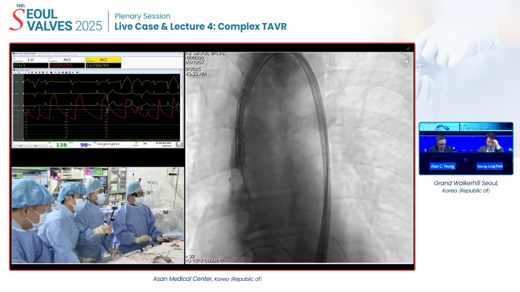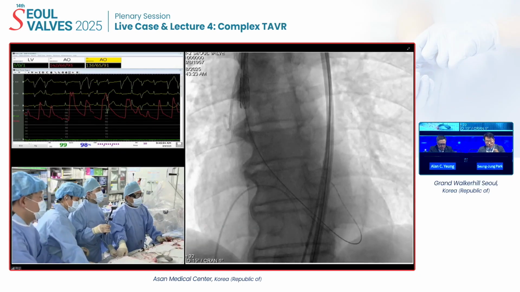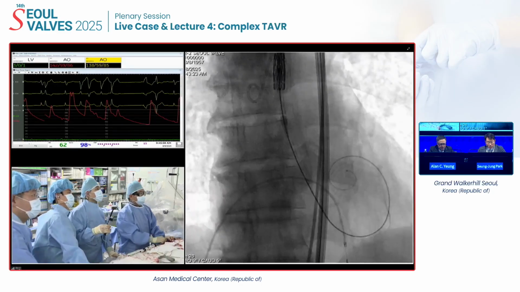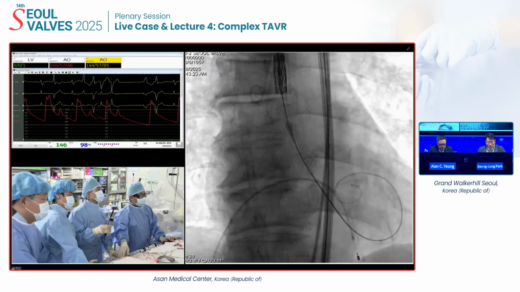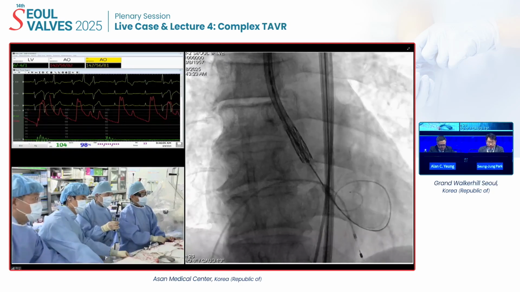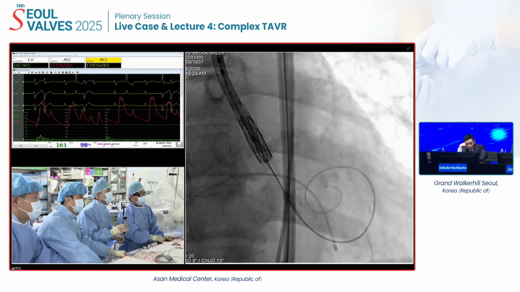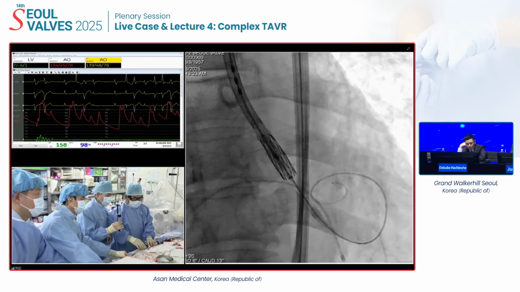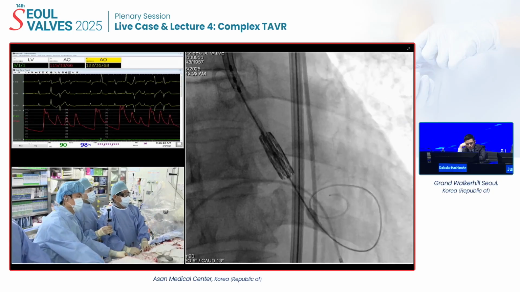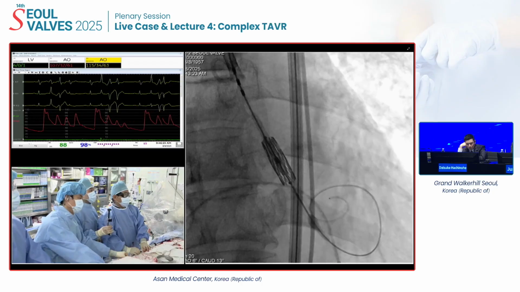For this implantation, the patient has RBBB, and we also have to consider future TAVR. So how deep do you want to implant? Very shallow? Regarding the baseline RBBB, shallow implantation would be beneficial.